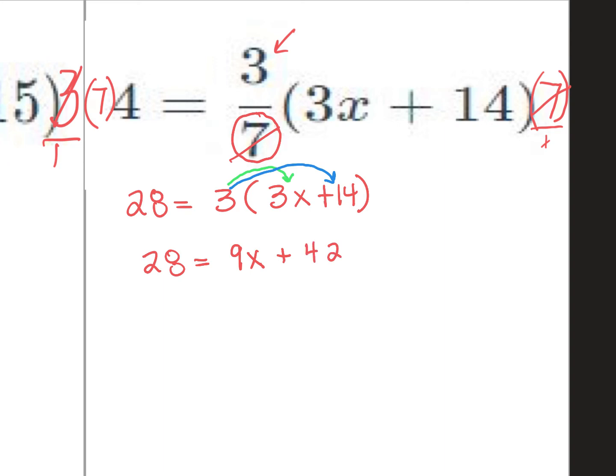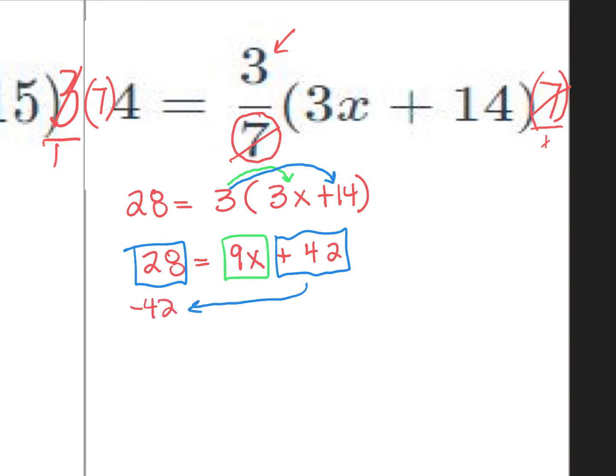All right, now I've got to do number team, X team, move this guy over, negative 42. All right, 9x equals 28 minus 42.